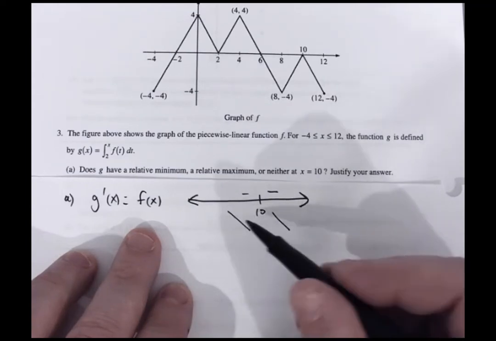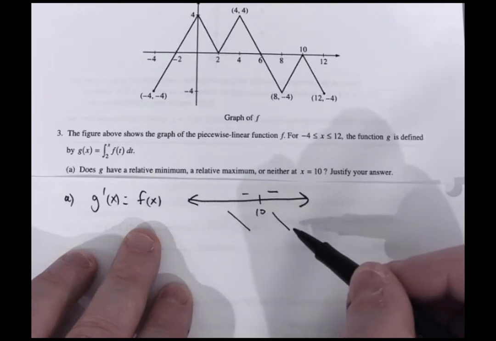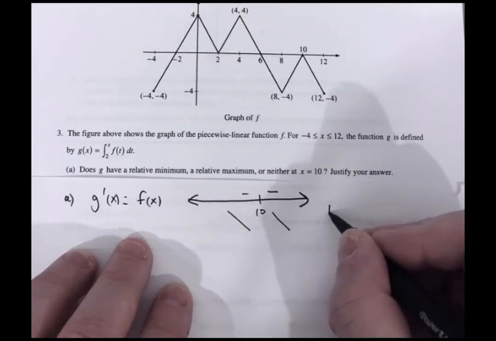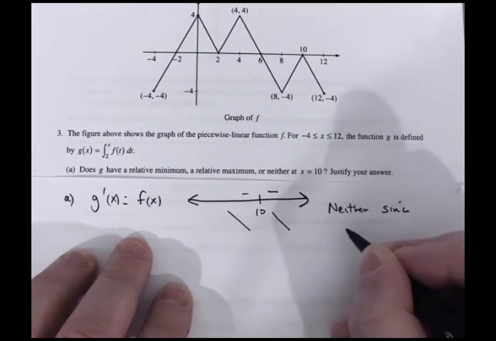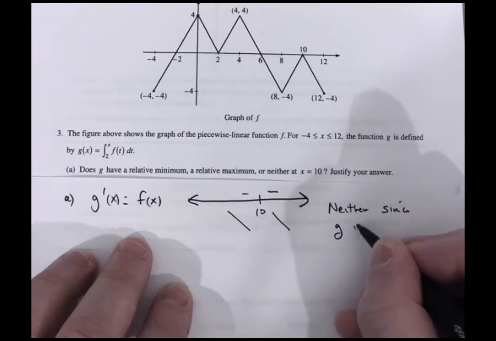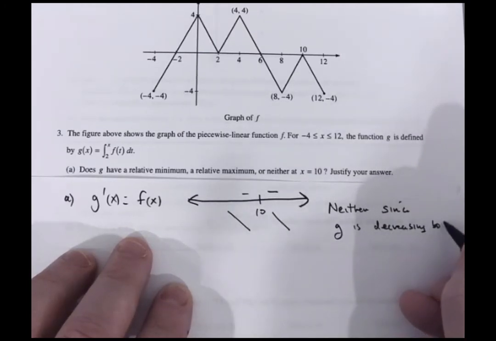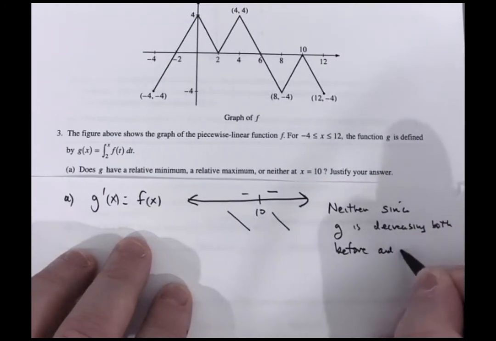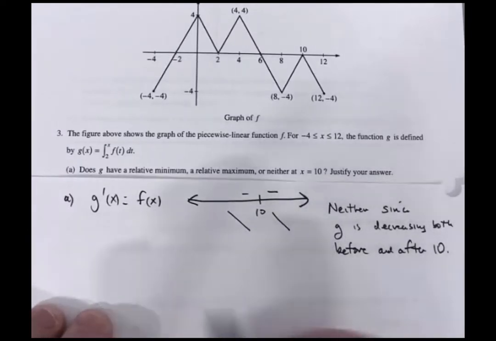The g graph is decreasing, and then at 10, it levels off, but then after 10, it decreases again. So we would say neither, since g is decreasing both before and after 10. So it's neither a minimum nor a maximum.